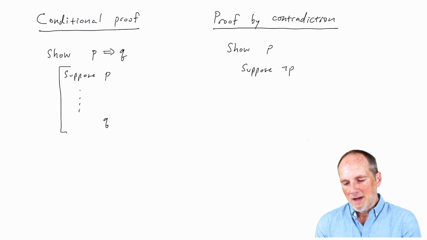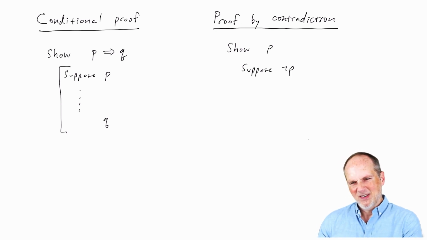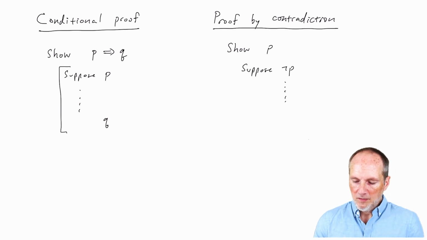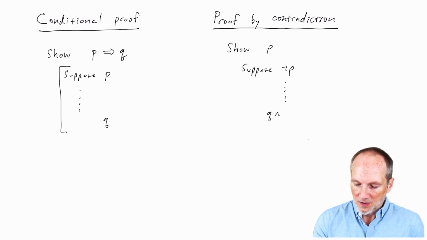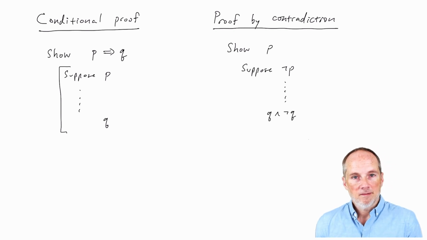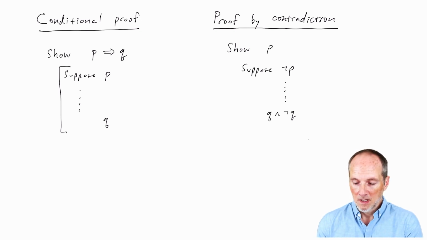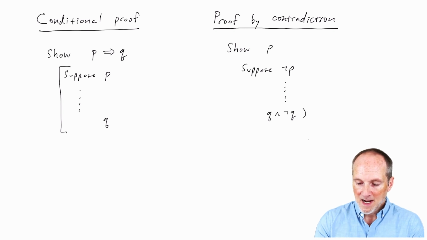If you want to show P, what you do is you suppose not P, and then apply the rules of proof, and suppose that we can show a sentence of the form Q and not Q. Well, that's a contradiction, right? At the very beginning, we said these sentences are true or false, but they cannot be both true and false. So this can't happen.